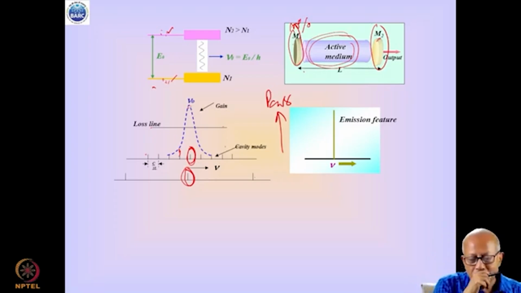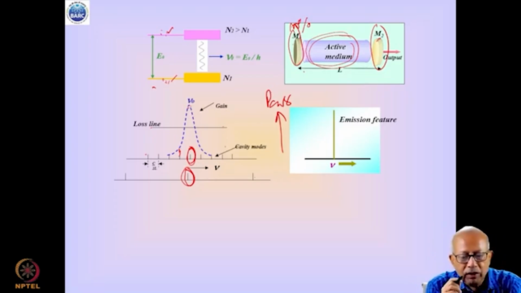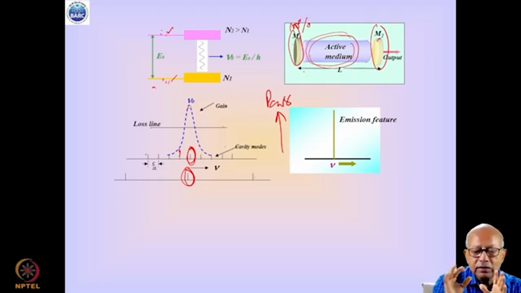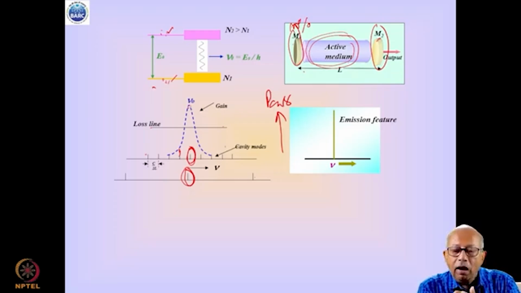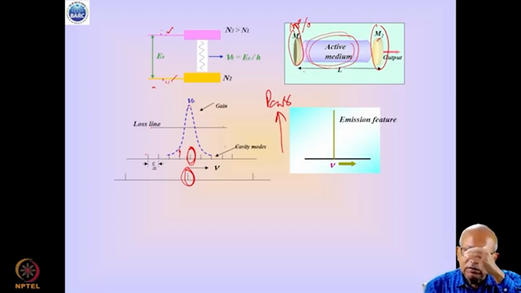Now, let us consider the case of reducing the broadening of the gain. How do you achieve it? Let us consider the example of a gas laser, where the active medium is a gaseous medium, which has that particular broadening of the gain because of the lifetime associated with the lasing level.